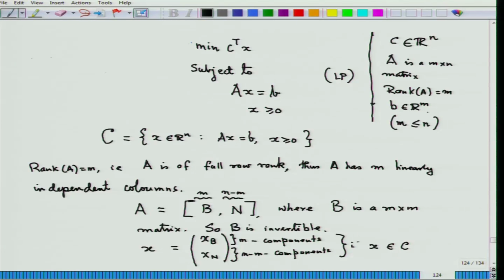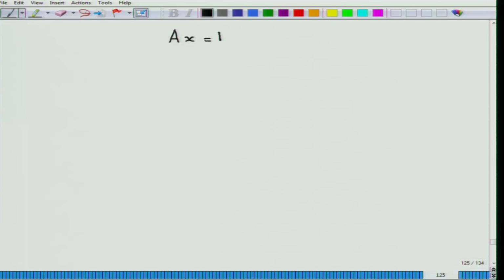If x is in C, then I must have Ax = b. If I have Ax = b, I can write this as [B N] times [x_B; x_N]. This is a partitioned matrix, but you can think of it as a matrix with 2 components, and then you do matrix multiplication in the same way.